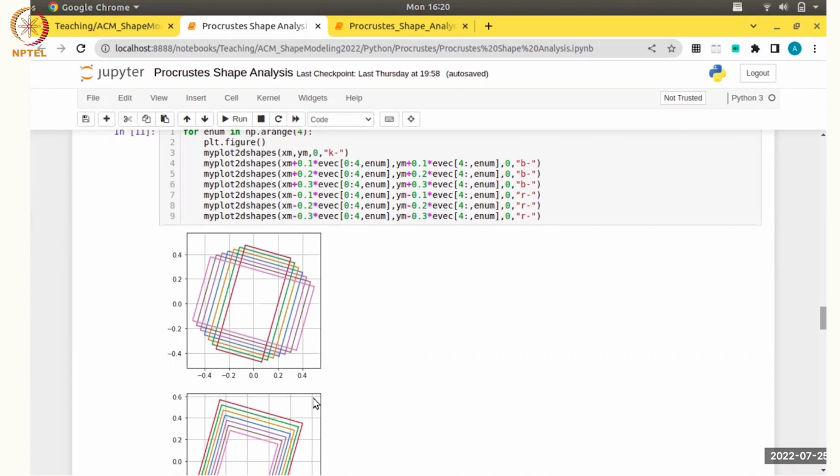How to interpret this variation? The picture is okay, but finally, how should a human being interpret this? What is changing? Translation? All these rectangles have their mean at the origin.